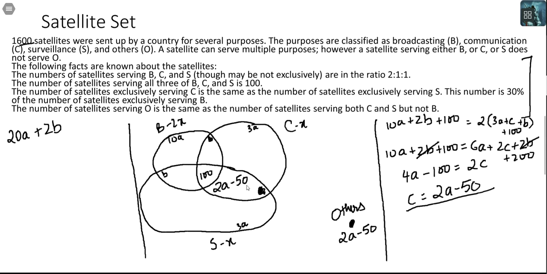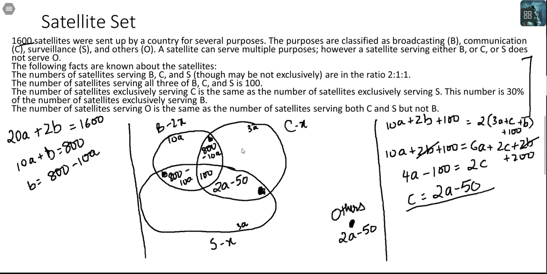So it all cancels out to give me a total of 1600, or 10a plus b is equal to 800, or b is equal to 800 minus 10a. So let me remove these also. 800 minus 10a, and this would also be 800 minus 10a.